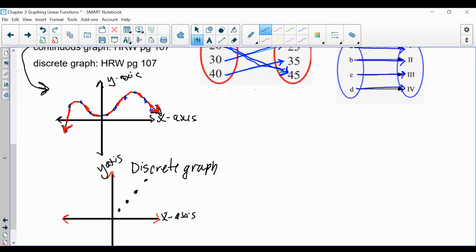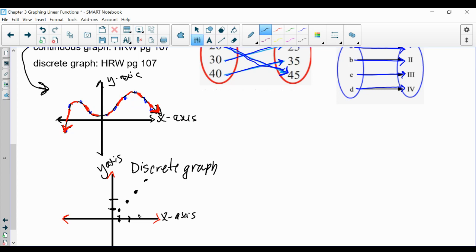So for example, I go to the store and I have $1 and I want to buy a cupcake. I buy one cupcake, and I spend $1. I go to the store, I have $2, and I buy 2 cupcakes. I can't buy half a cupcake, so that's why you do not connect these with a line.